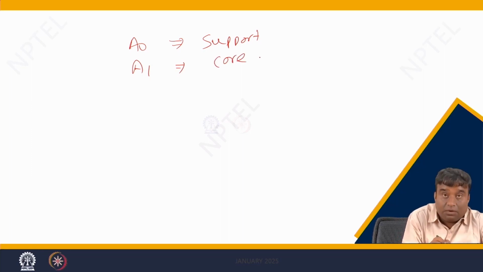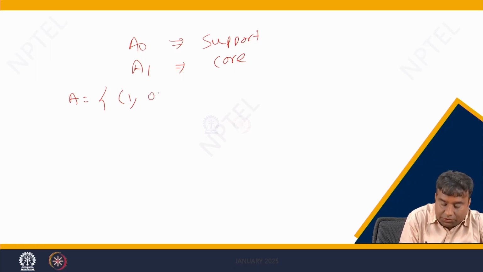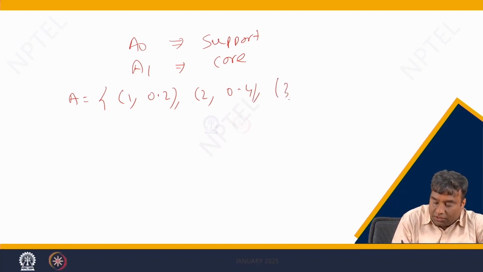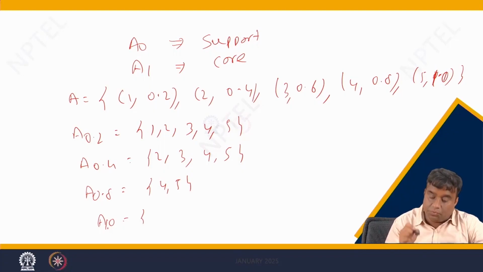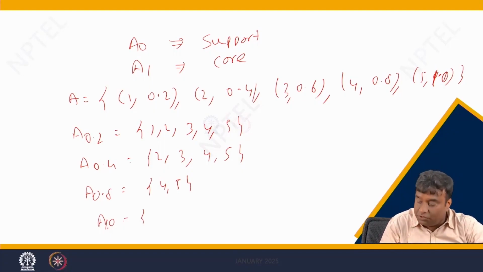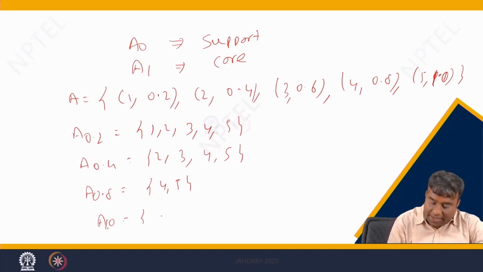So try to understand another question. Suppose I'm writing that A is a fuzzy set with 0.2 by 2, 0.4 by 3, 0.6 by 4, 0.8 by 5, 1.0 by 5. So that is A. Now A 0.2 is 2, 3, 4, 5.